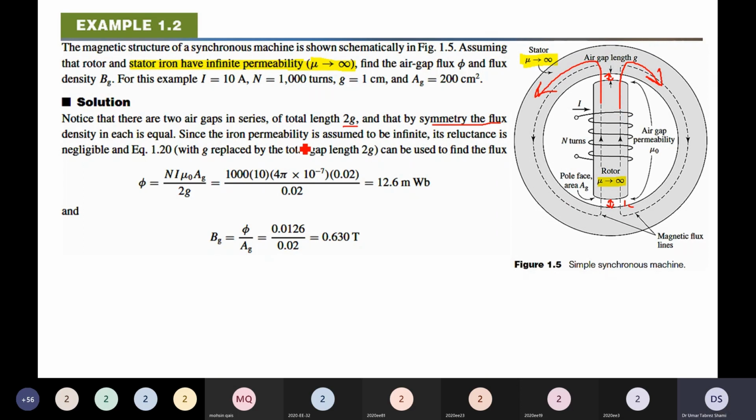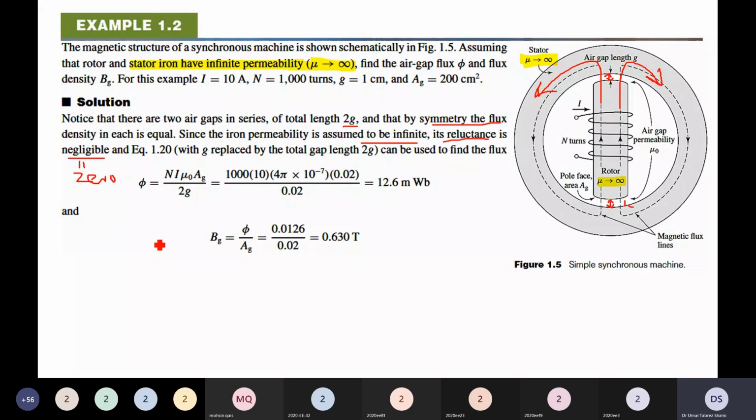Since the iron permeability is assumed to be infinite, its reluctance is negligible, that is equal to 0 or almost equal to 0. And we can then use equation 1.12. Equation 1.12 tells us that the flux is equal to N i mu naught Ag divided by the total length, which is equal to 12.6 milliweber.